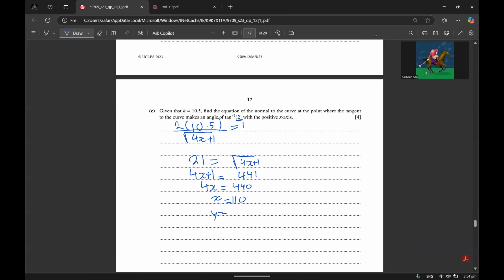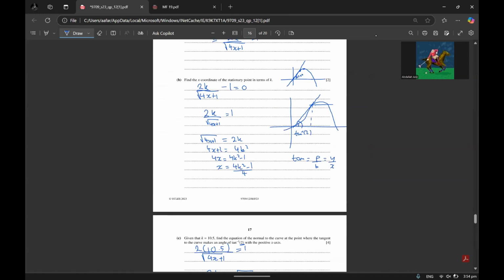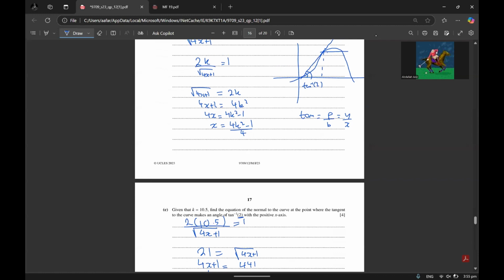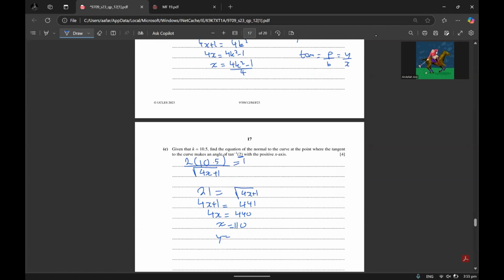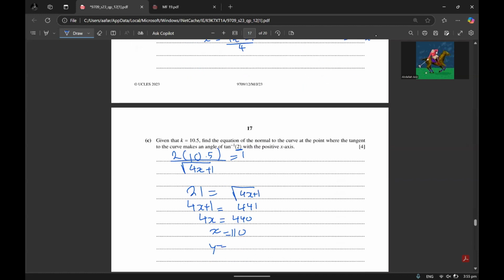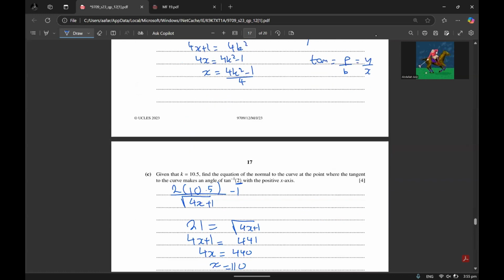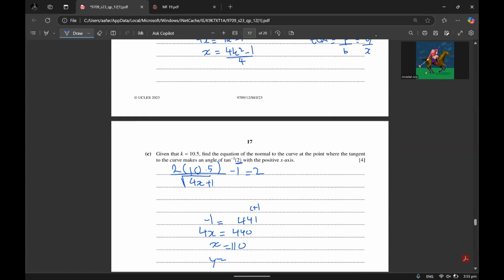So we get, wait, we just figured out the stationary point. Sorry. So was -1, 2 minus 1 is equal to 2, because that's the dy dx, right? I'm bad, sorry.